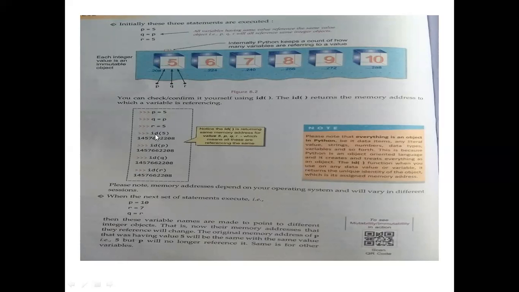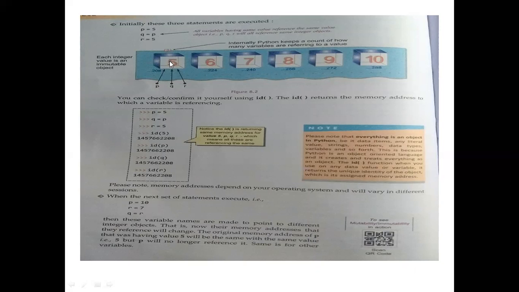If I write id(5) in my Python and run it, it will show the address of 5. Then if I write id(p), it will show the address of p. That means p refers to this 5 only. 5 का जो address है वो p भी show कर रहा है, और q भी show कर रहा है. The id of q is also the same address, and the id of r is also the same address, because all three variables refer to the same value.